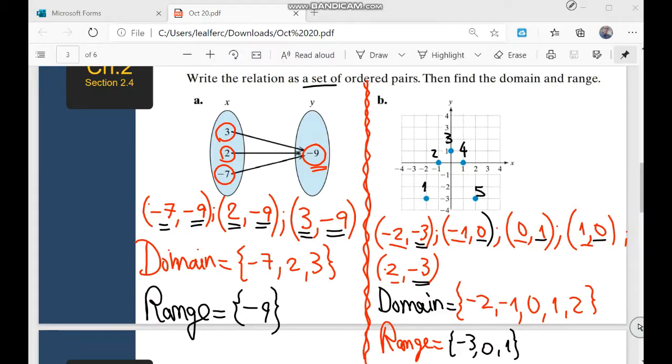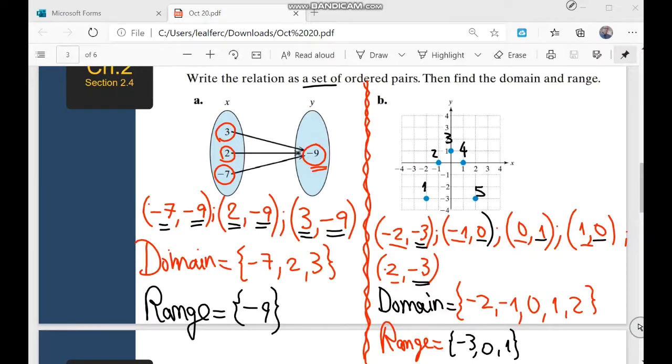That's it. This is the domain, and this is the range of this example, letter B. Any questions so far? Those are simple examples where you have ordered pairs and points. You don't have a lot of points, just a few points, represented by a few ordered pairs.